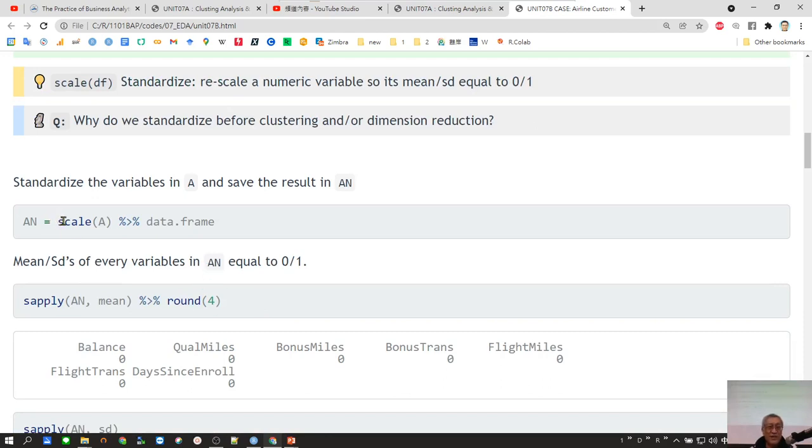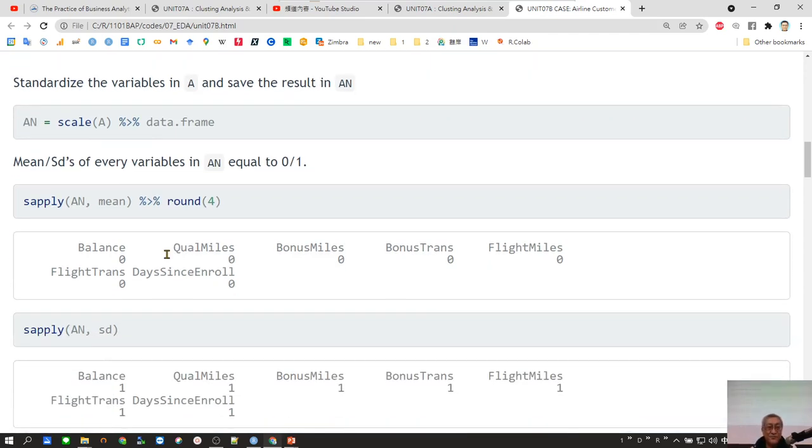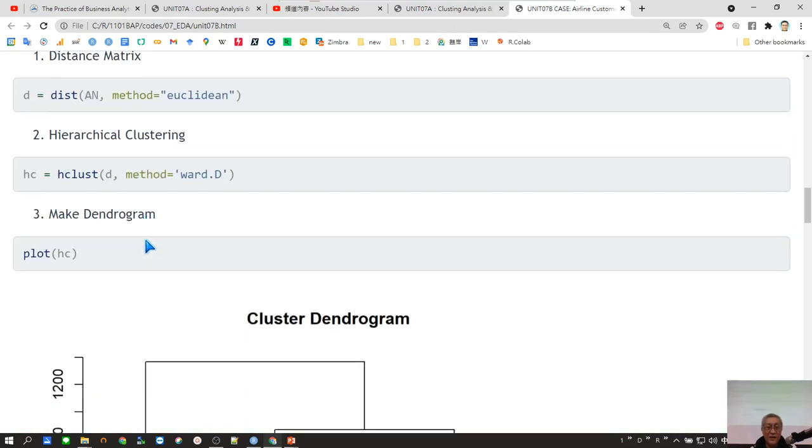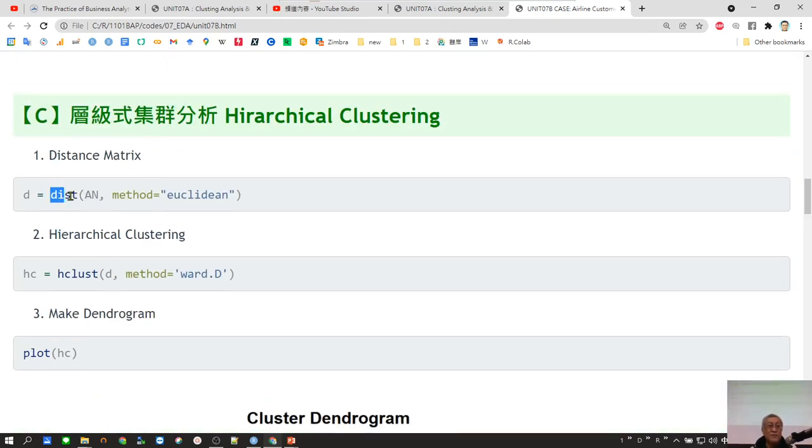We do standardization, and we scale A and put it into AN, which means that this is the standardized, normalized data frame. Then we can do a distance measure out of the standardized data frame. The method you can specify, but if you do not specify, the default is already Euclidean.